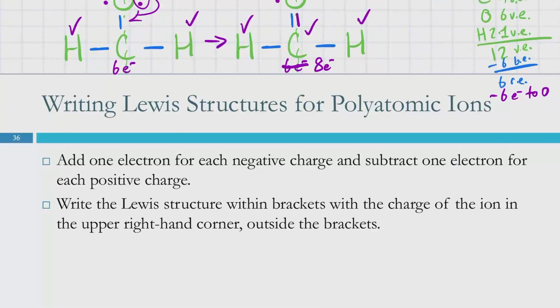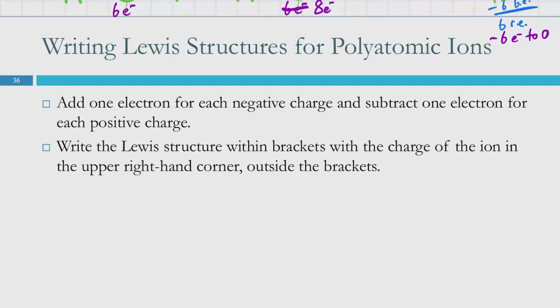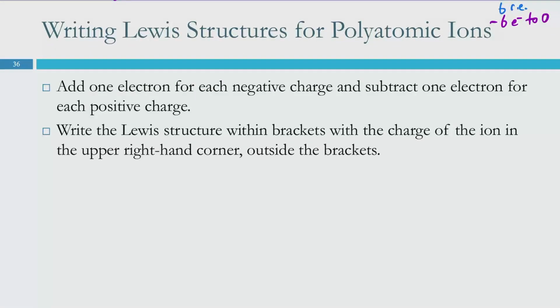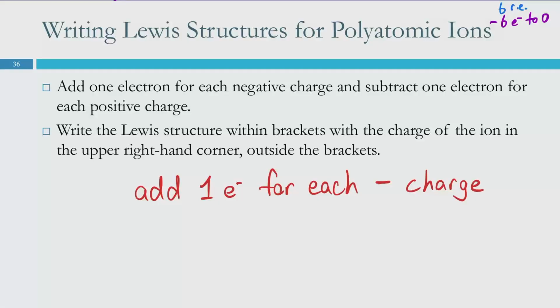and we can also do this for polyatomic ions. For polyatomic ions, the steps are basically the same, except that we've got a charge. And when we have a charge, we add 1 electron for each negative charge, since electrons are negatively charged.